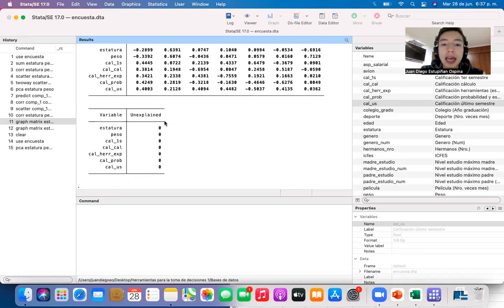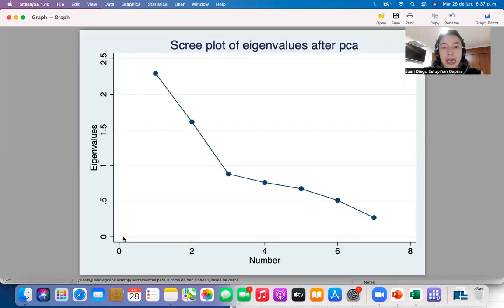For example, we can also create a scree plot. So a scree plot is the graphic representation of the eigenvalues after we use PCA. So remember that the idea is to only use the components whose eigenvalue is higher than 1.